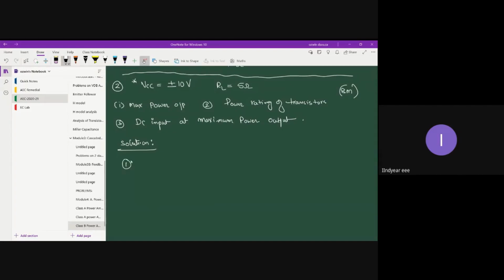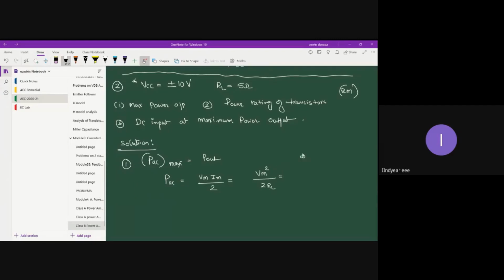So let's start off. Let us write PAC maximum is equal to P out, because sometimes I may write it as just P out itself. P out is nothing but the AC power delivered to the load. Once again I want to write the expression. PAC is equal to VM IM divided by 2, or you can also write it as VM square divided by 2 RL.